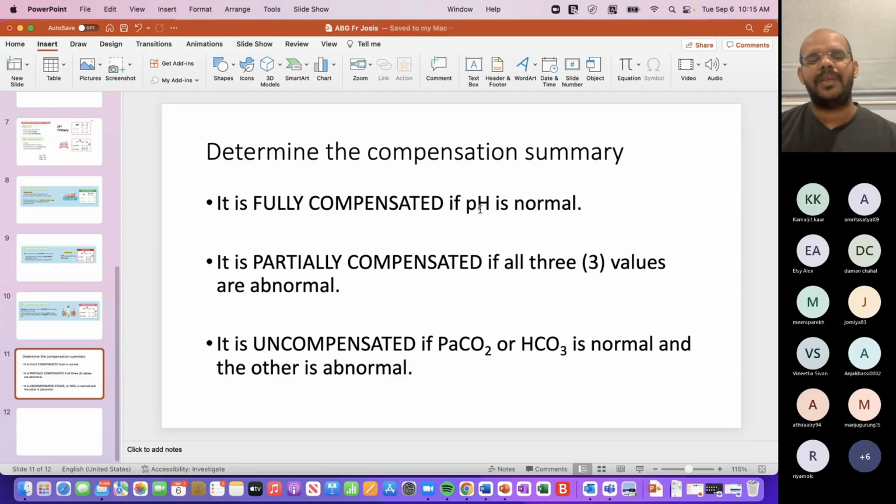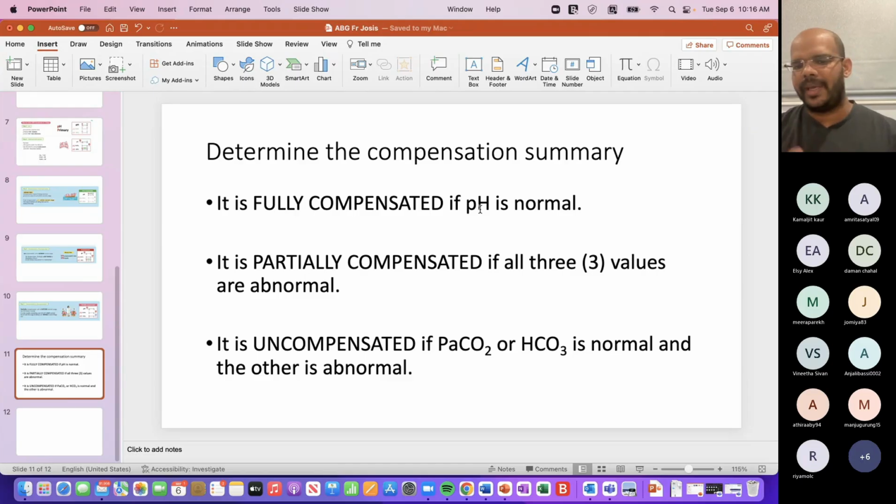In uncompensated, PCO2 or bicarb is normal and the pH is abnormal. So in uncompensated, pH is always abnormal.